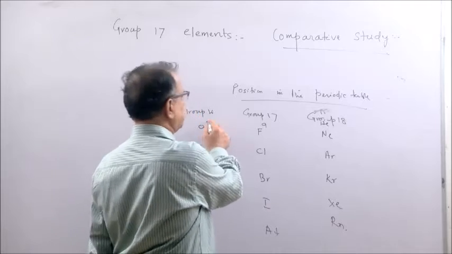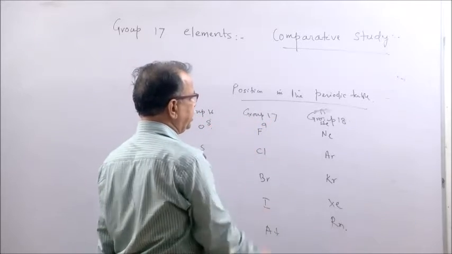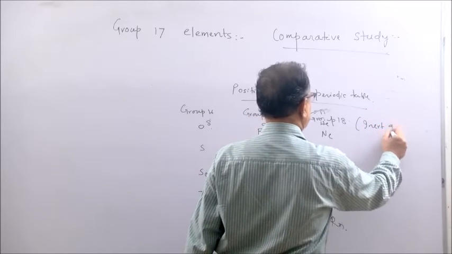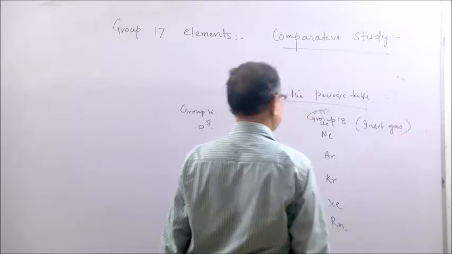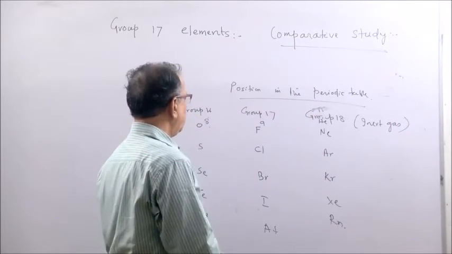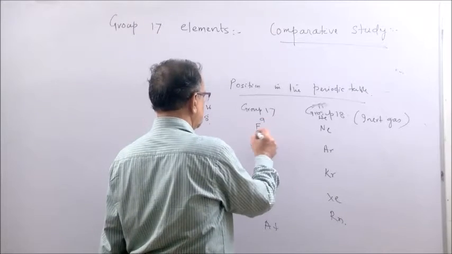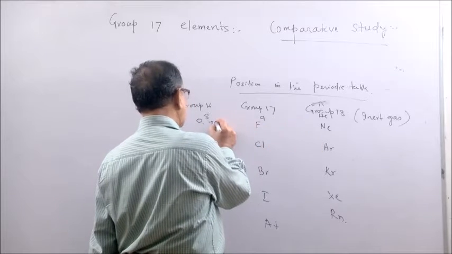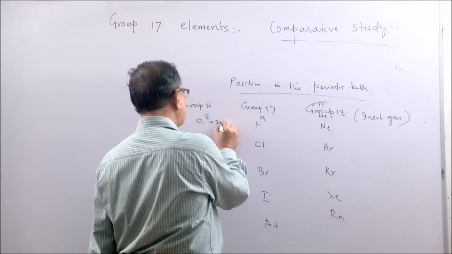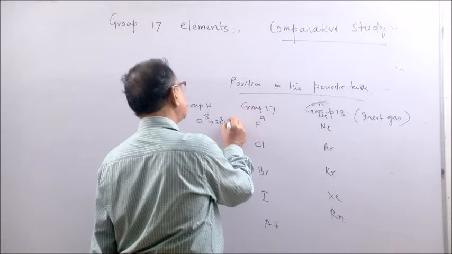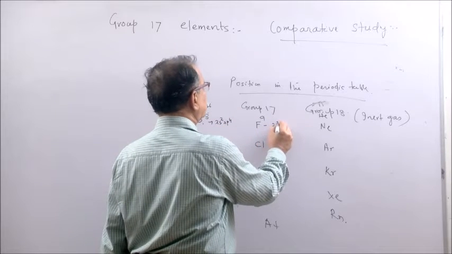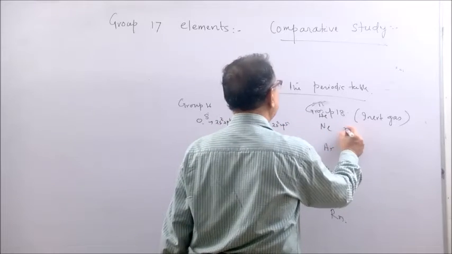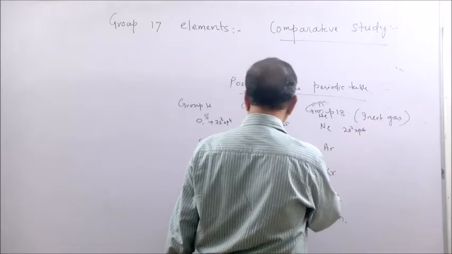These elements remain between group 16, the oxygen group, and group 18, the inert gas elements, the zero group. Here it is a p block: group 16 contains 2s2 2p4 outermost, group 17 contains 2s2 2p5, and the inert gases contain 2s2 2p6.